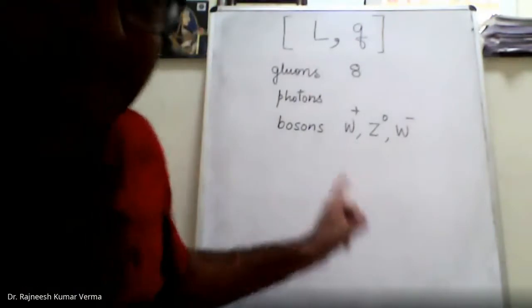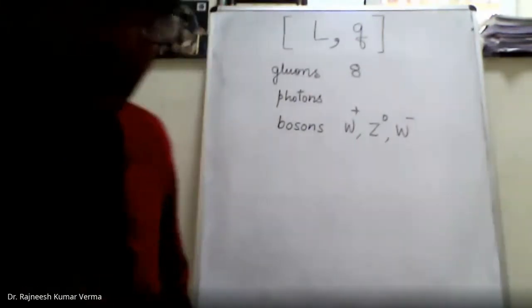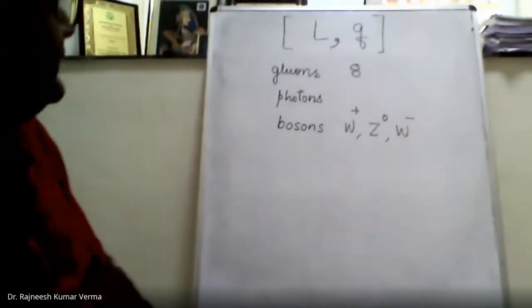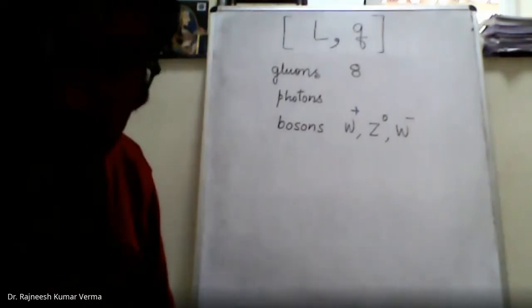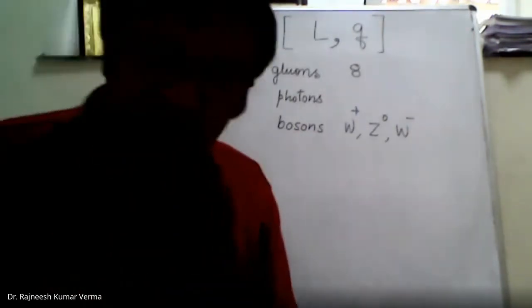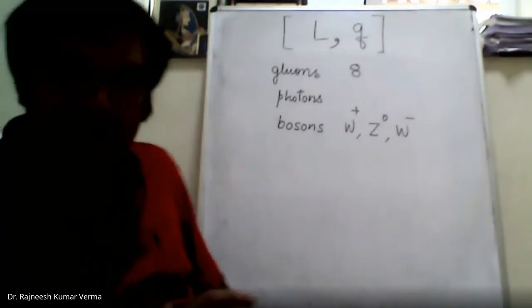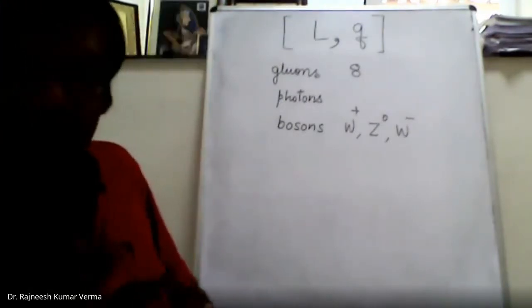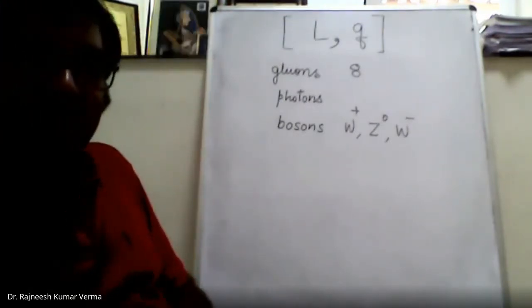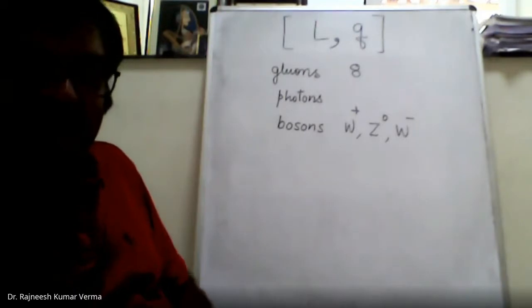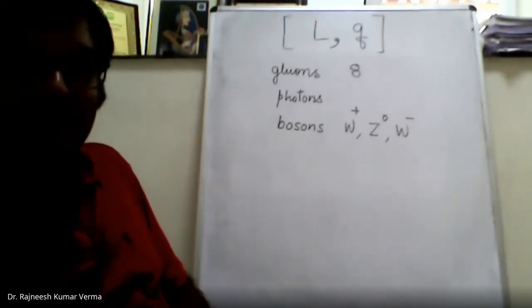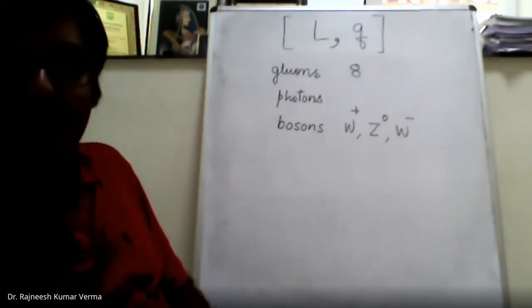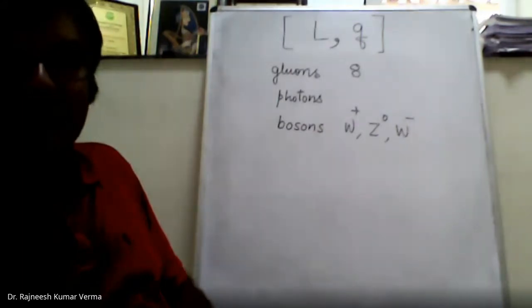So whatsoever I have written onto the board till now, that is L, Q, that is lepton and quark, 6 leptons, 6 antileptons, 6 quarks, 6 antiquarks, and to understand the interaction between quarks, we have 8 different types of gluons.